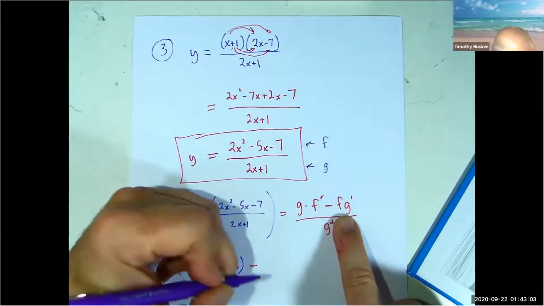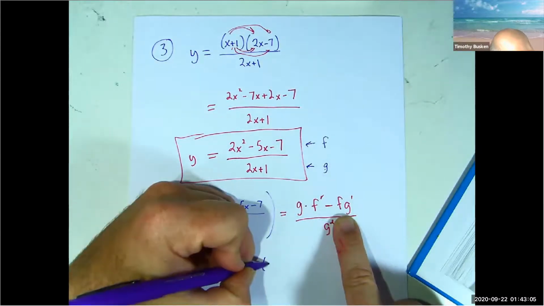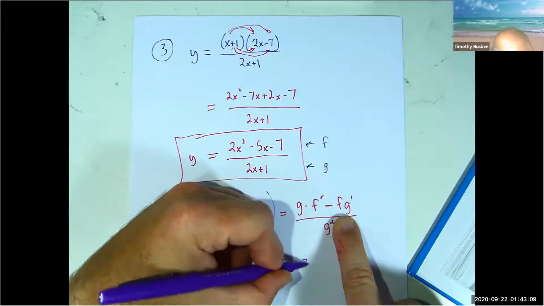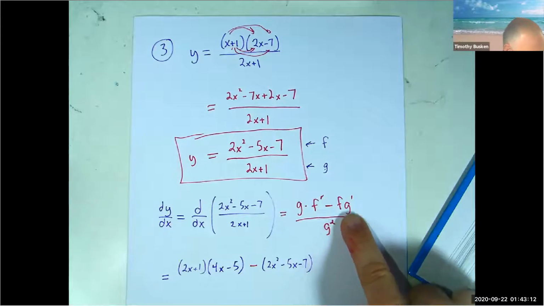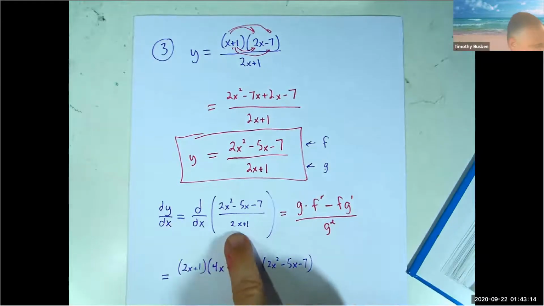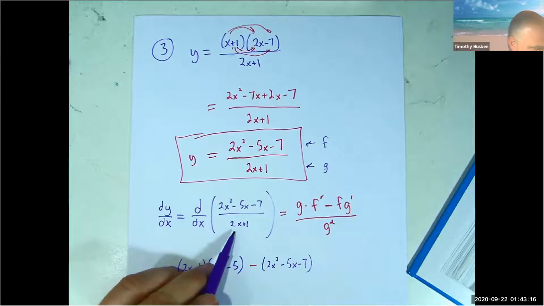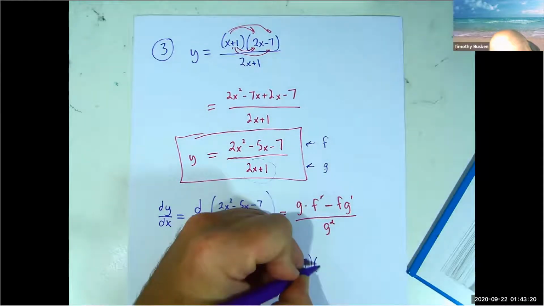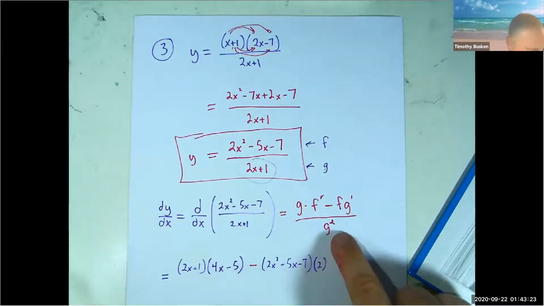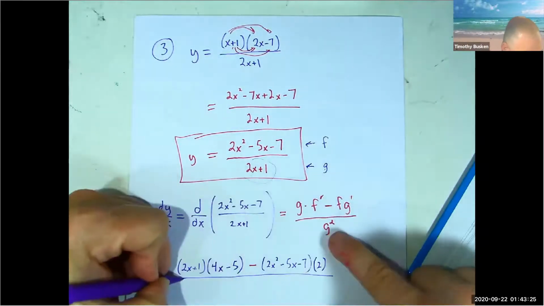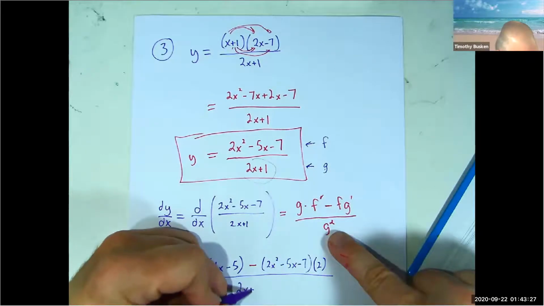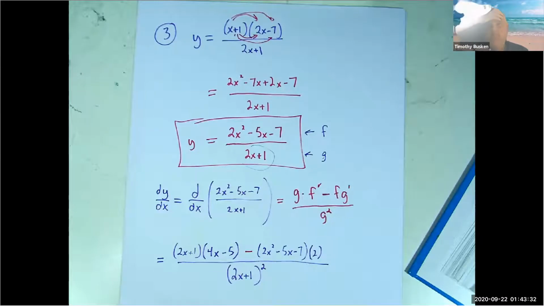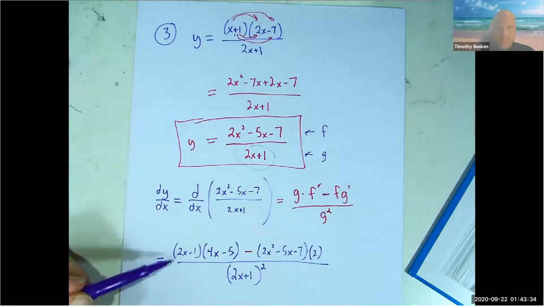So we're subtracting off the numerator times g prime, which would be the derivative of 2x plus 1. What's the derivative of that denominator? And I'm getting that it's just 2. And all of that should be divided by g squared. So that's going to be divided by 2x plus 1 quantity squared. Okay, so that's what the setup looks like after we take the derivative.